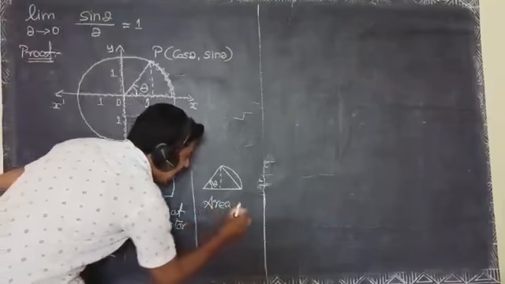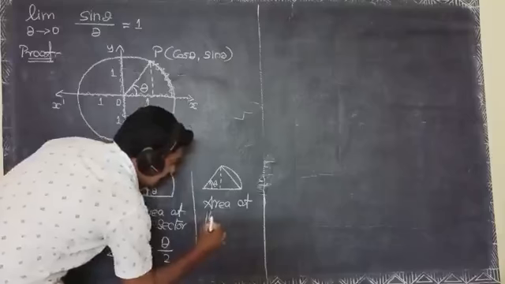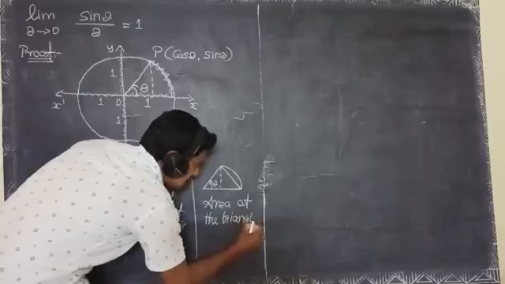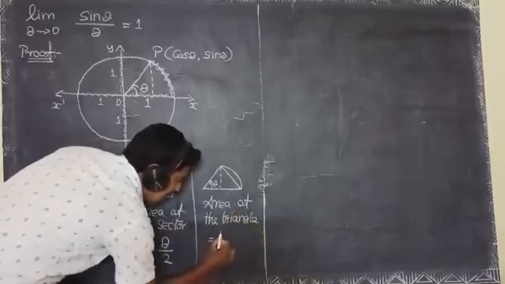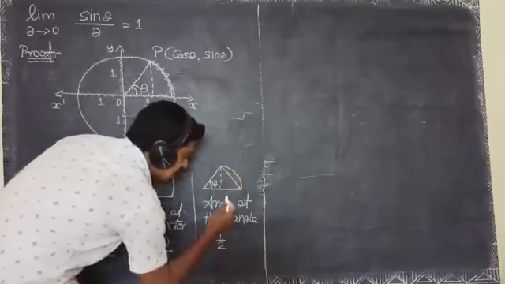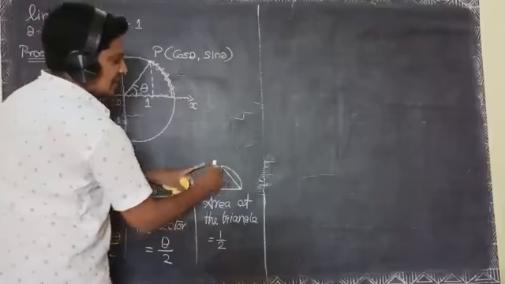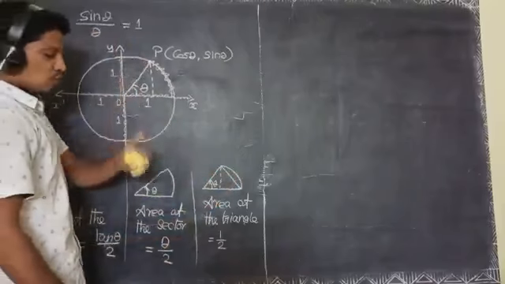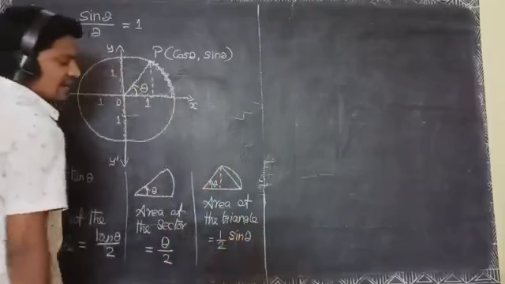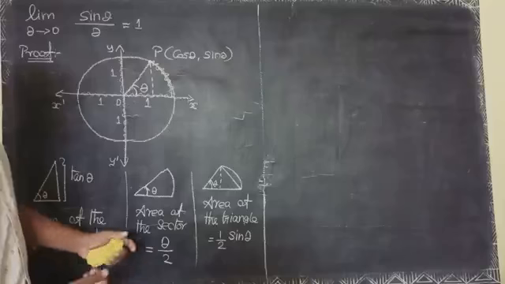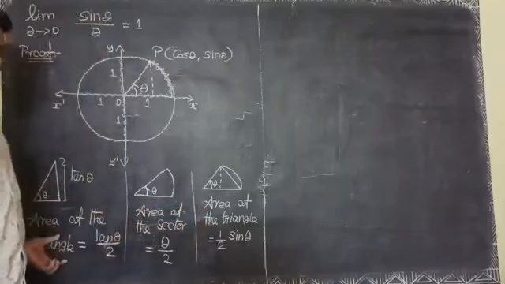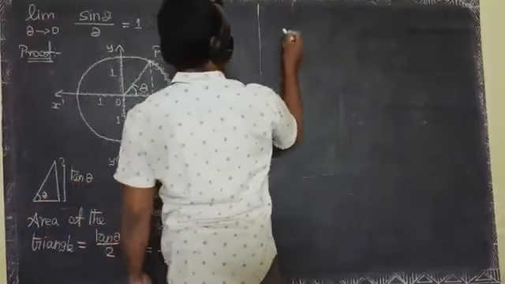Area of the triangle based on sides is half into AB sin theta. A and B are radius sides, that is 1 and 1, into sin theta, so sin theta divided by 2. Then the relation between the areas of the triangle, sector and triangle is here.